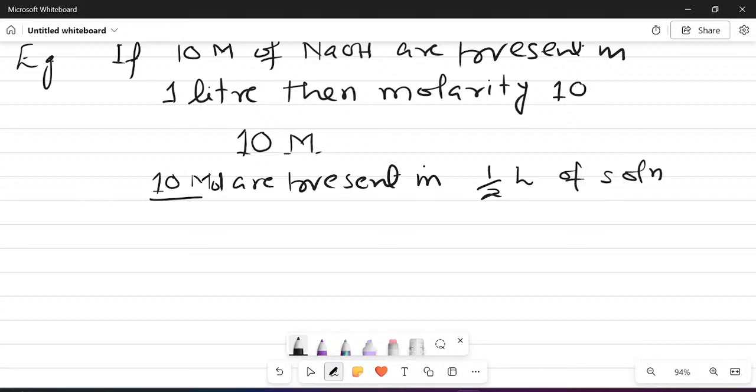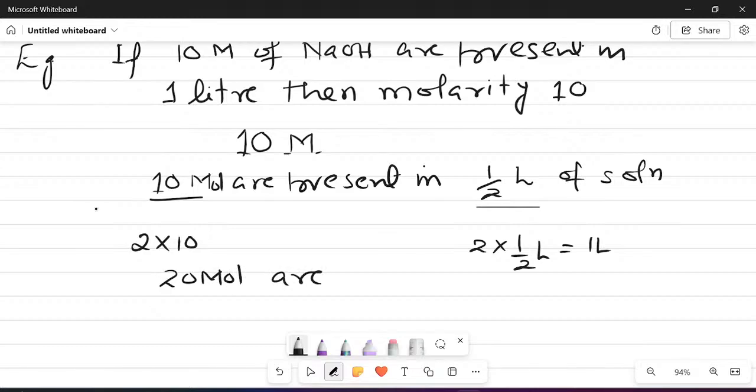Ten moles are present in half liter. Double of half, 2 into 1/2, that is 1 liter. So here also double it, 2 into 10, that means 20 moles are present in 1 liter.